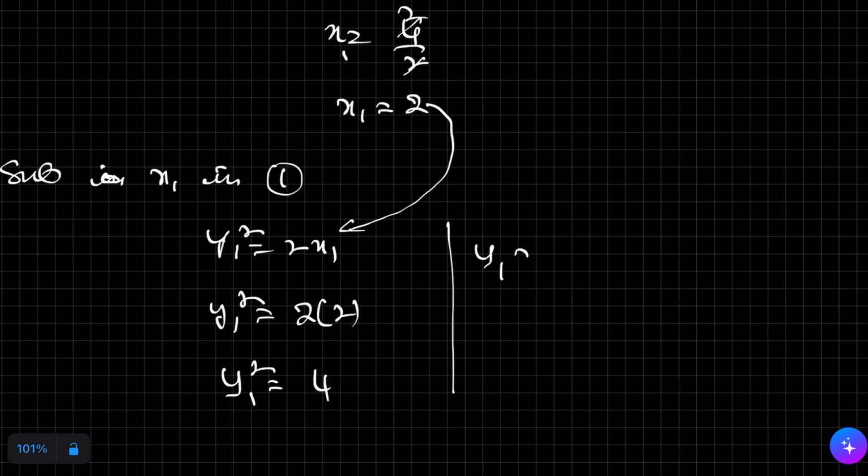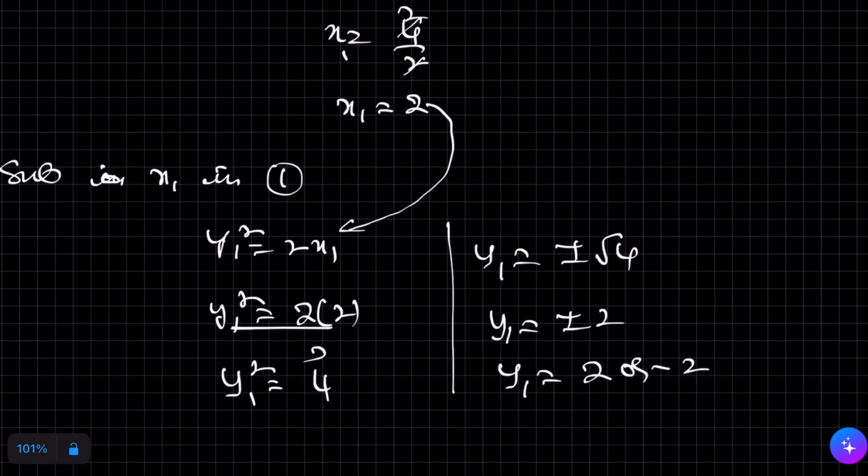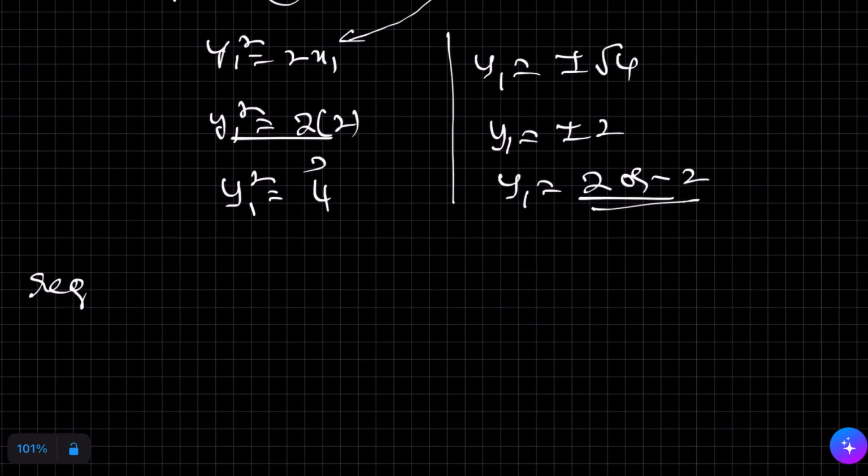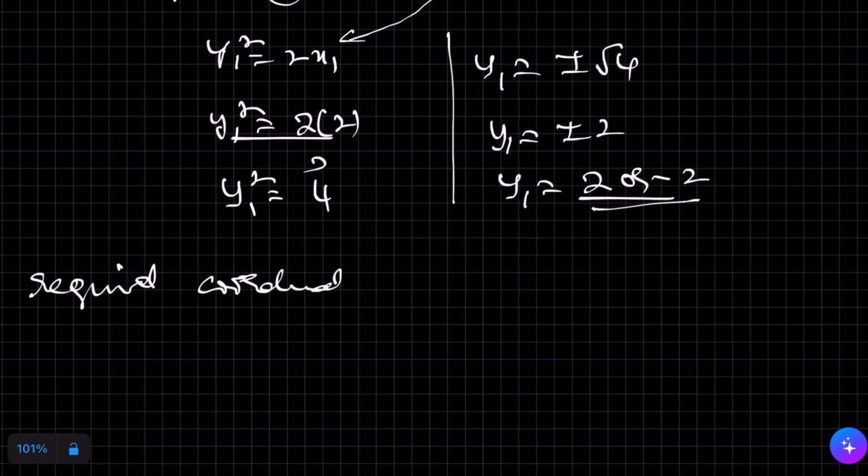So y1 equal to, square is shifted this side, so we'll get plus or minus root 4. So y1 equal to plus or minus 2. So y1 will be 2 or minus 2. So we have two values for y. So our required points are x1 y1.